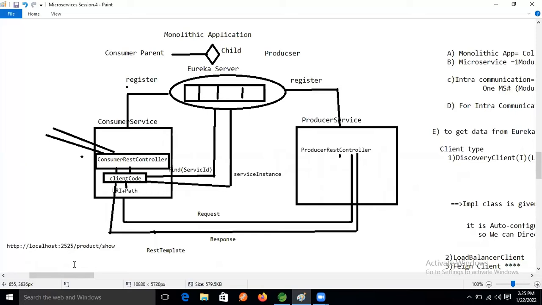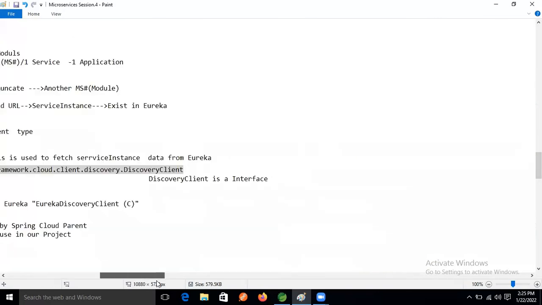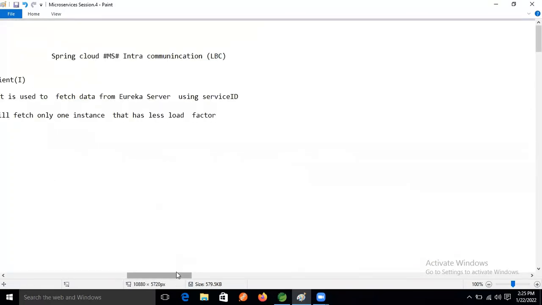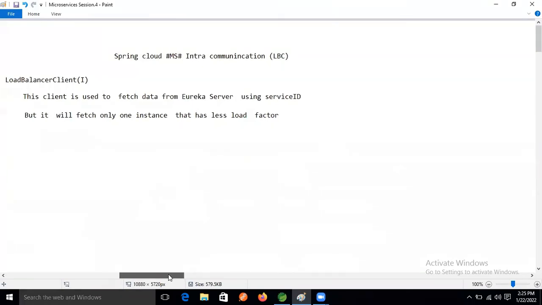Remember that diagram every time, because if you are working in microservices, that diagram is needed.